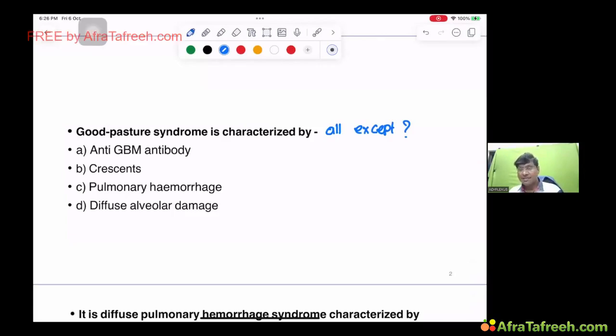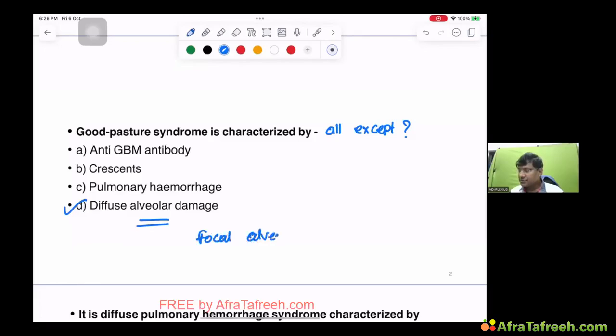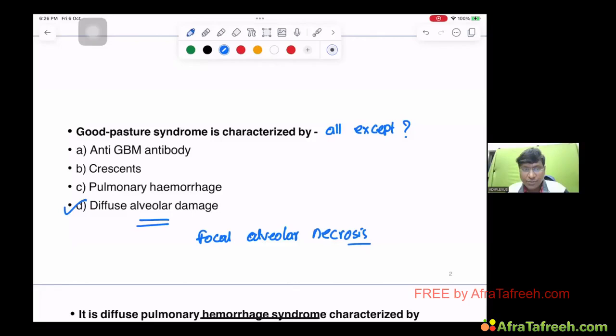Some of you are answering B. I said Goodpasture syndrome is a form of RPGN. It comes under RPGN. You have the presence of crescents, right? And diffuse alveolar damage will not be there. There will be focal alveolar necrosis. Please see your notes. In the lung part, I have mentioned it as focal alveolar necrosis. You will not have diffuse alveolar damage in this patient.